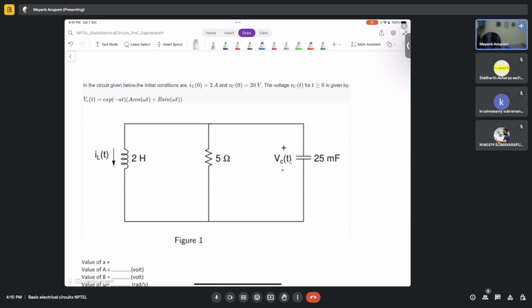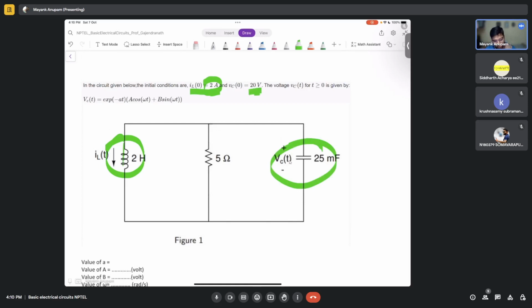In the circuit given below, the initial conditions are IL, that is this current, is equal to 2 ampere. This is IL of 0, which means the current at time t equal to 0, that is the very start. So initially the current passing through the inductor is 2 ampere, and the initial voltage at the capacitor is 20 volts.